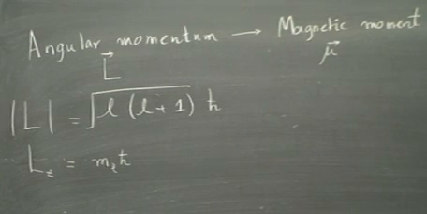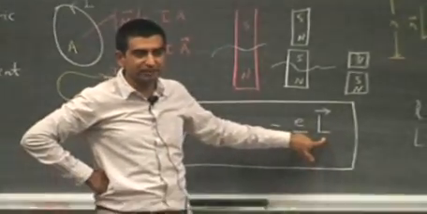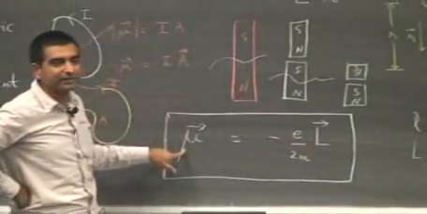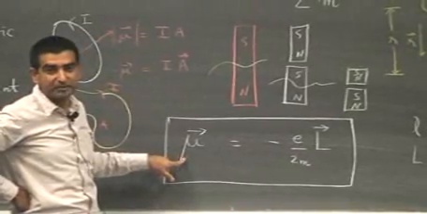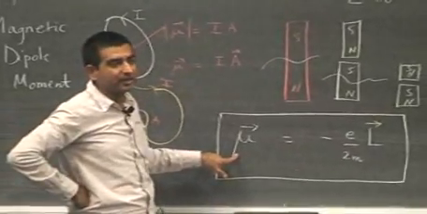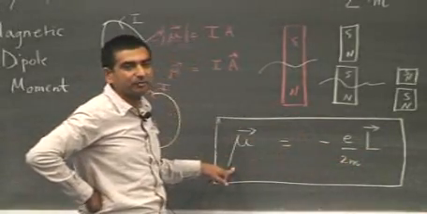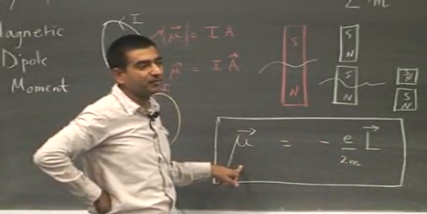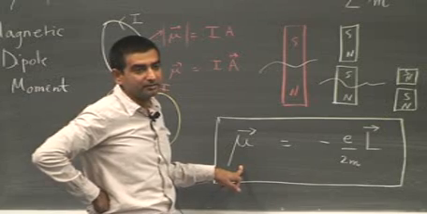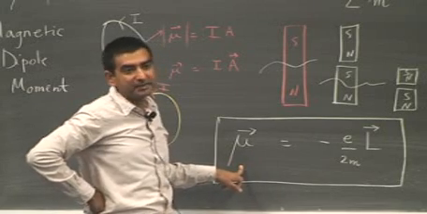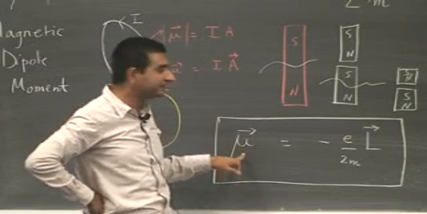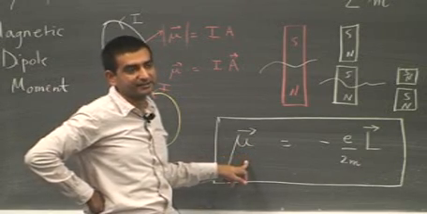If this angular momentum is quantized, will this be quantized? Yes. If the z projection is quantized, will the z projection of the magnetic moment be quantized? Yes. And what is easier to measure, the angular momentum or the magnetic moment? The magnetic moment is easier to measure, because you can place the magnetic moment inside a magnetic field and see how the magnetic moment interacts.